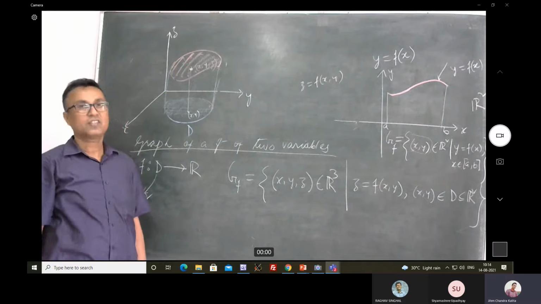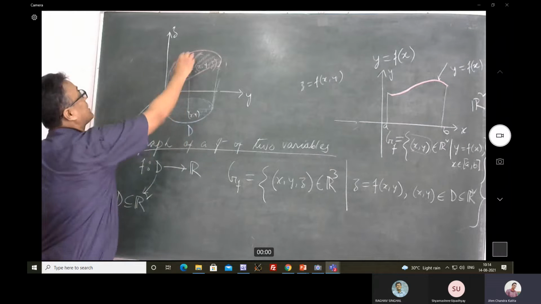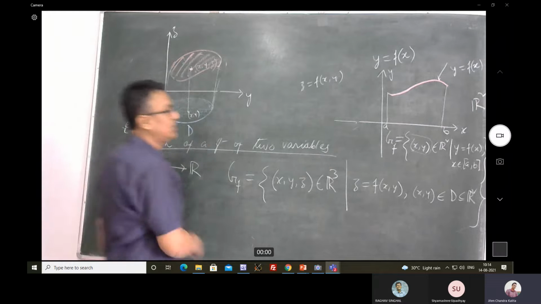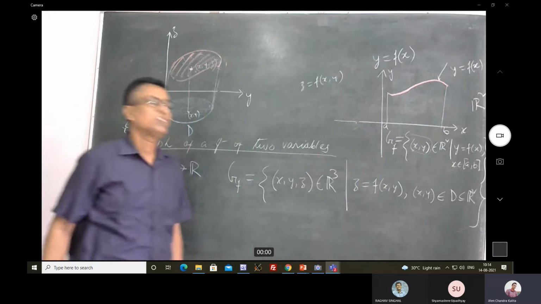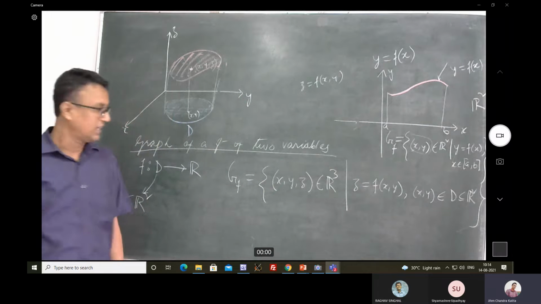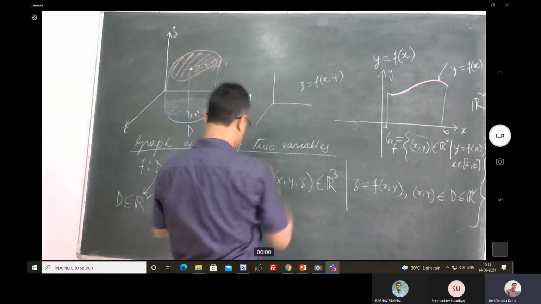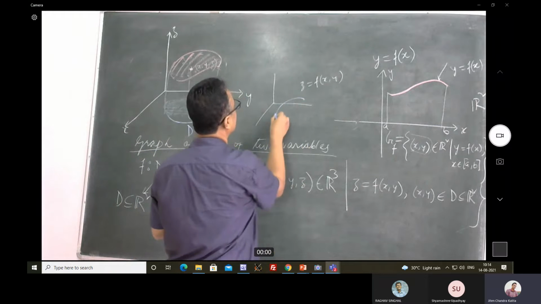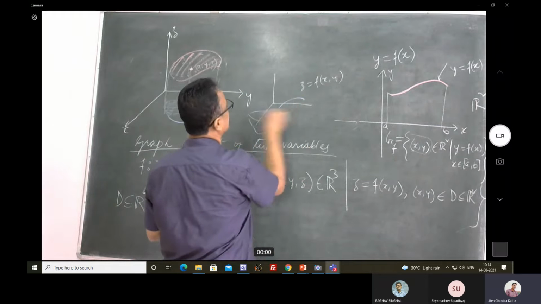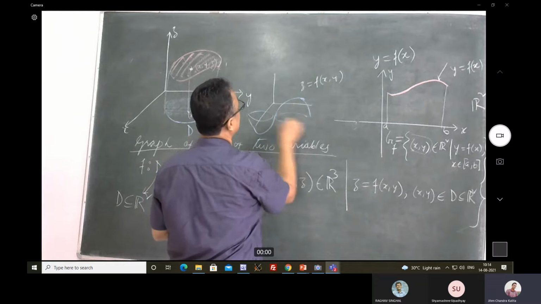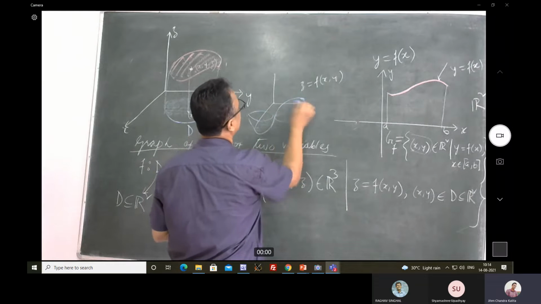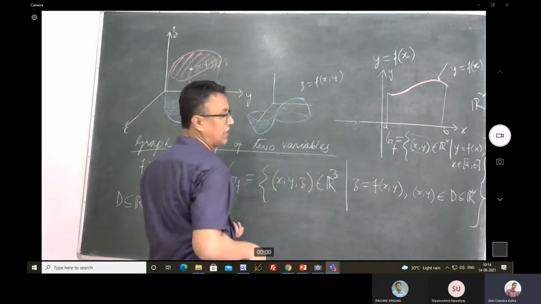The way I have drawn it, z is always positive, but it is not necessarily so. You may get some surface like this.